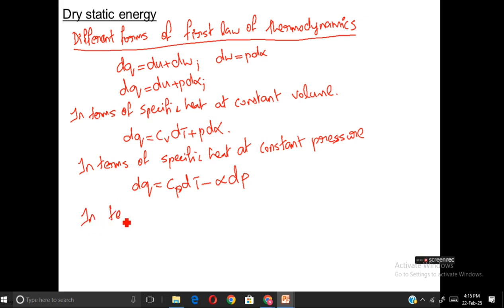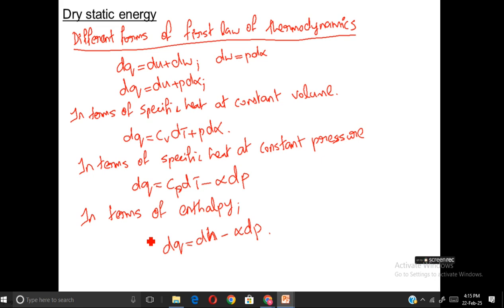In terms of enthalpy, we can write dQ is equal to dH minus α dP. So these are how many forms are there? 1, 2, 3, 4, 5. 5 different forms of thermodynamic equation.